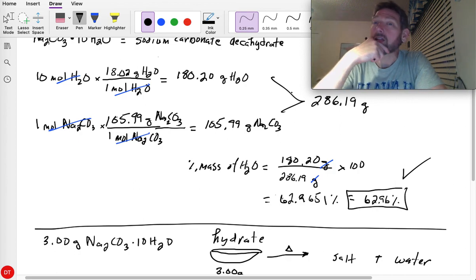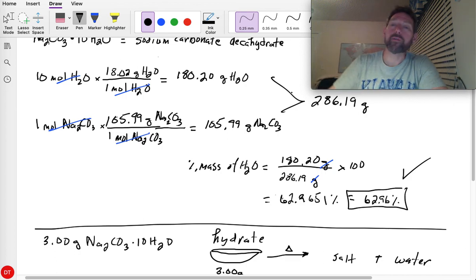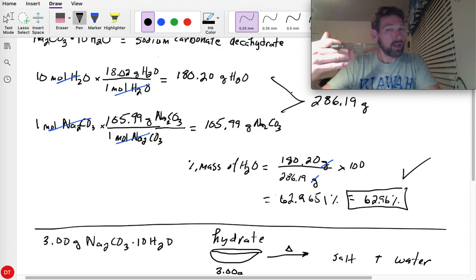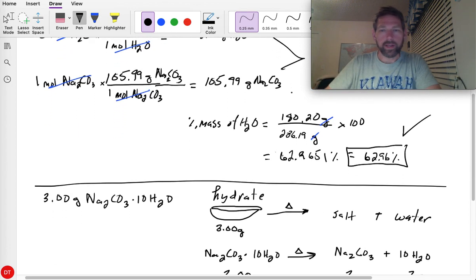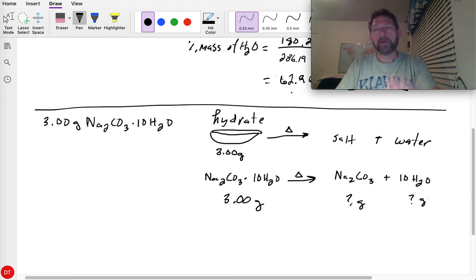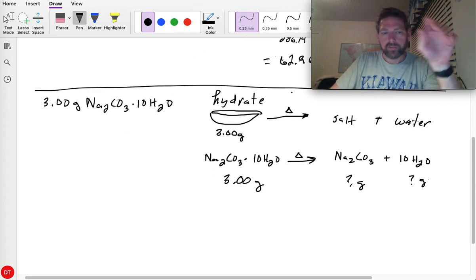Water has a lot of mass. If you remember from basic chemistry, it has a high specific heat. It has a lot of mass, and it holds onto that heat. So the more mass you have, the more heat it holds. So it takes more heat to actually drive that amount of water off. And that's some thermochemistry stuff that we'll look at a later time.